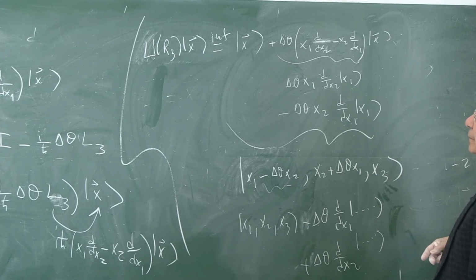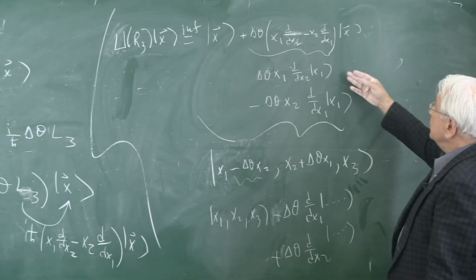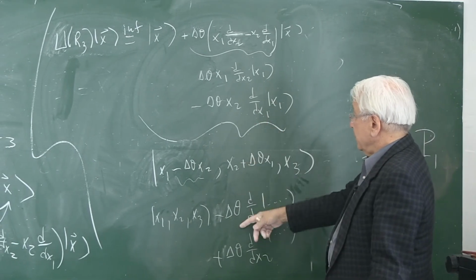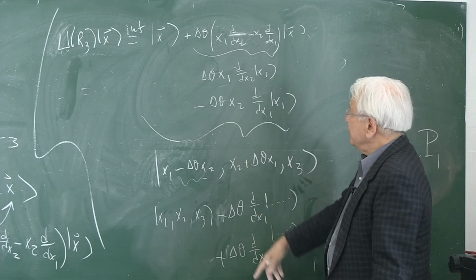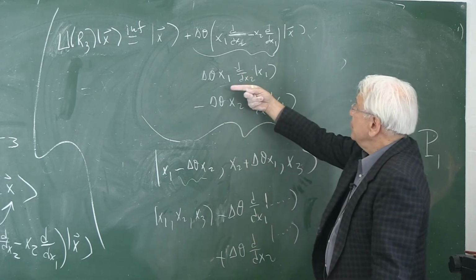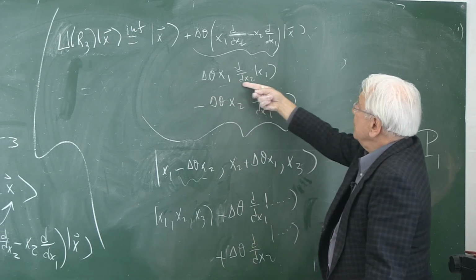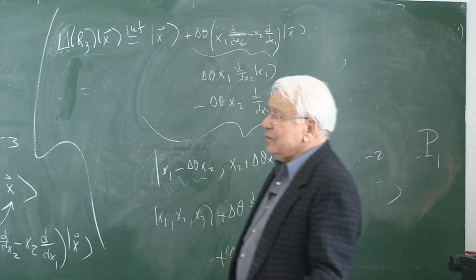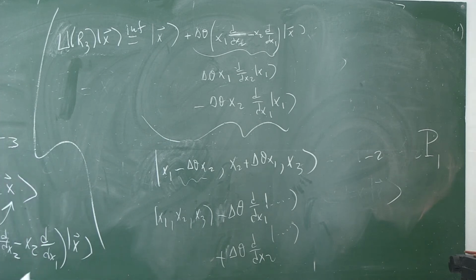No, it's correct. Sorry. This one is this, and that one is this. Sorry, it's all the same. Notice that this is with the plus sign, and that's with the minus sign. Exactly. So this expression is nothing but the Taylor series expansion of this one.